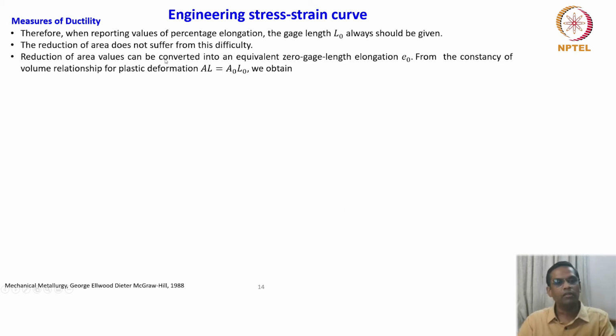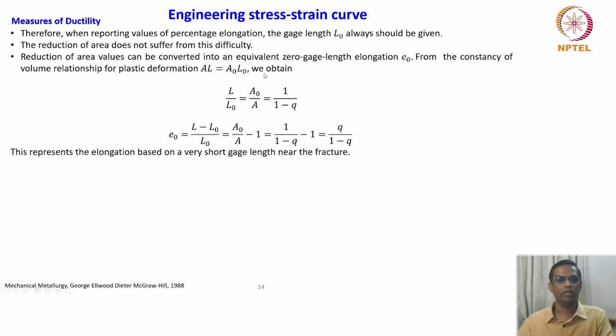Reduction of area values can be converted into an equivalent zero gauge length elongation from the constancy of volume relationship for plastic deformation, that is, A L is equal to A naught L naught. We can play around with these relations from the constancy of volume relationship.